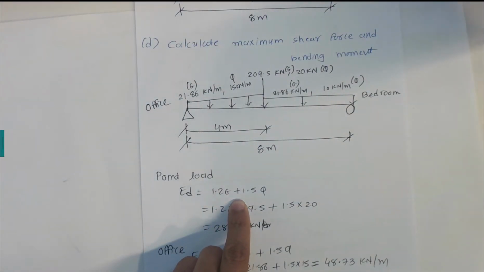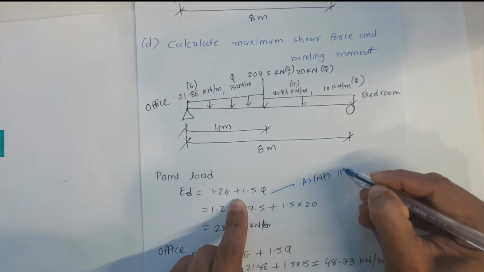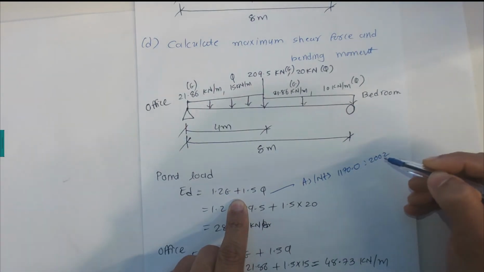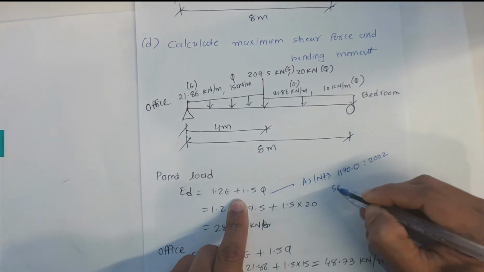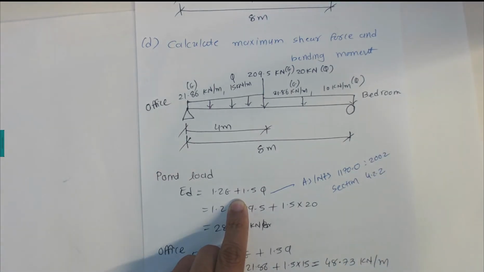That is AS/NZS 1170.0 2002, and we can go to section 4.2.2 to find that equation.